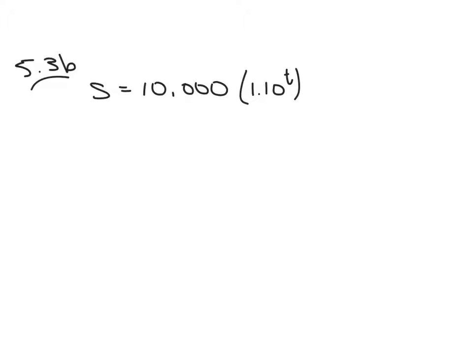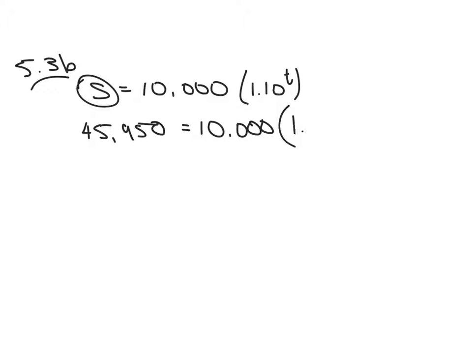And then it says underneath the formula, in how many years will the investment grow to 45,950? So we're going to put 45,950 there equals 10,000 times 1.10 to the t. Okay, so we've got a lot of stuff there.